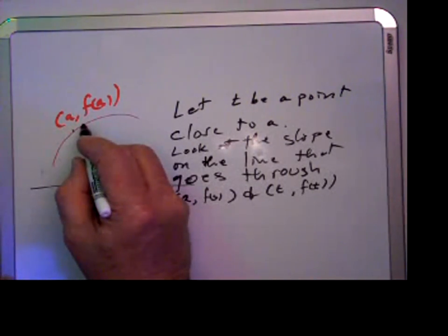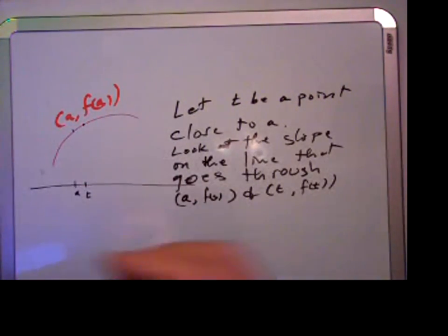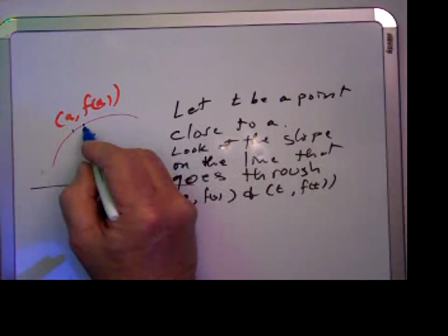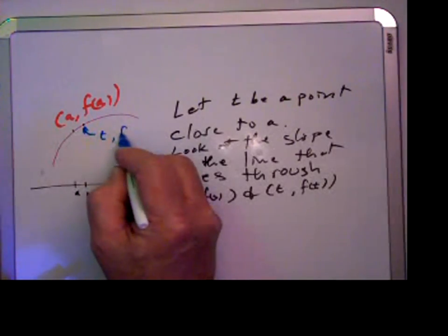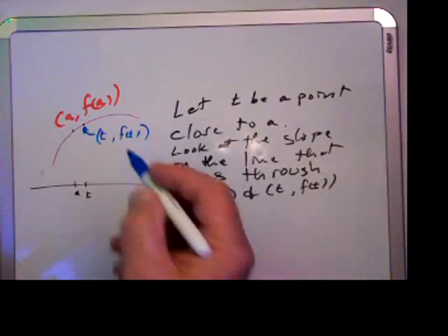So that point there is t comma f of t, right?